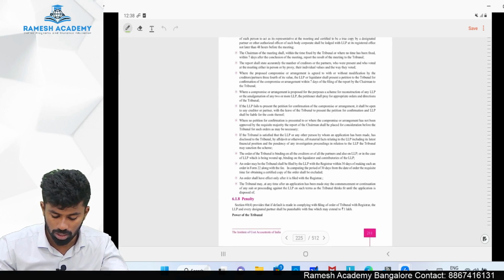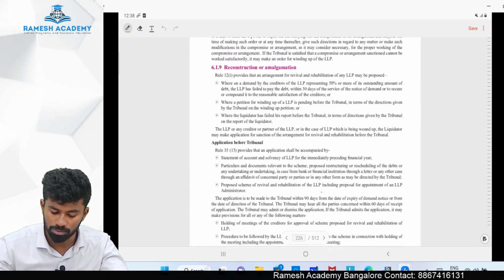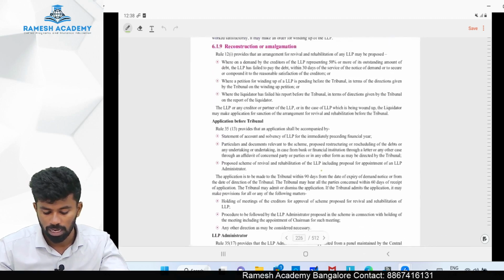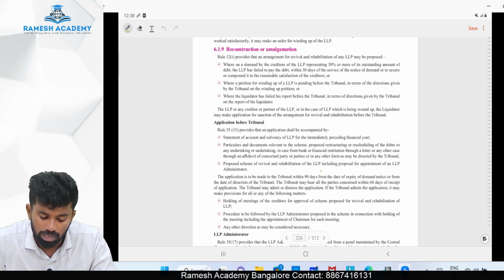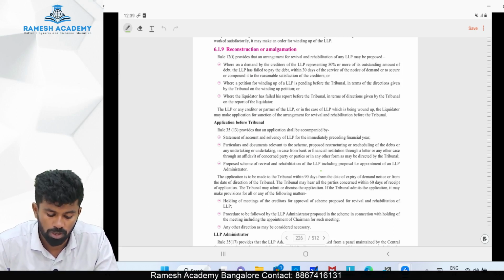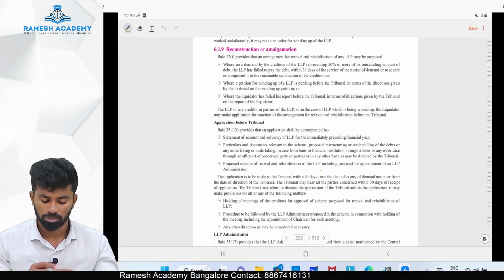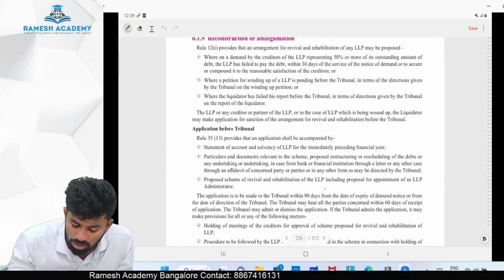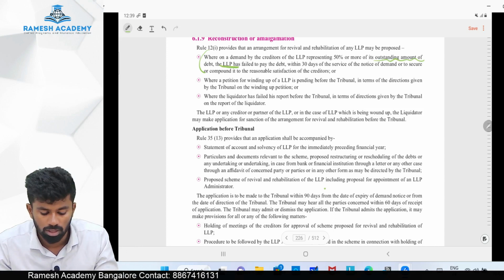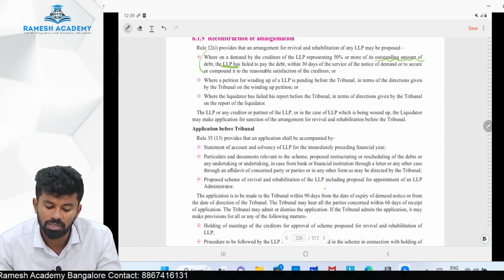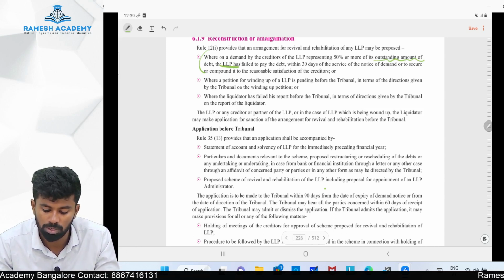Next, reconstruction or amalgamation of LLPs. An application for revival and rehabilitation of an LLP may be proposed on demand by the creditors of the LLP representing 50% or more of its outstanding debt, where the LLP has failed to pay the debt within how many days of service of notice of the demand? 30 days.